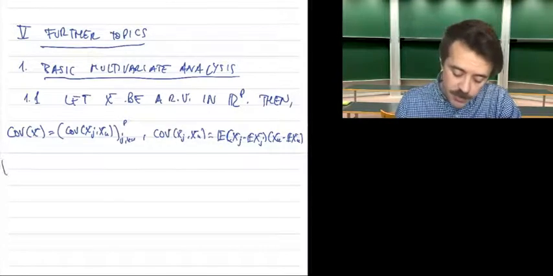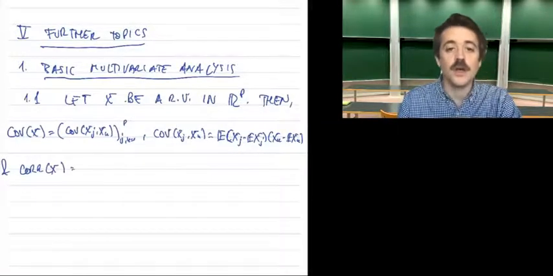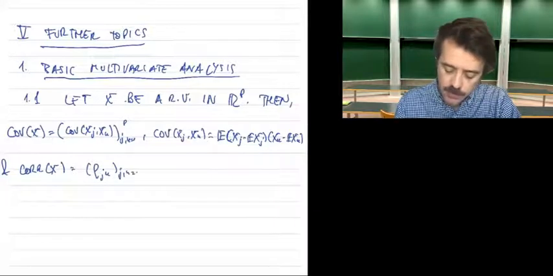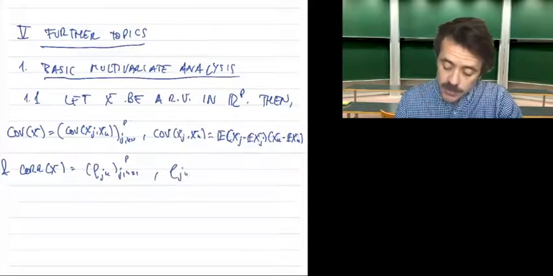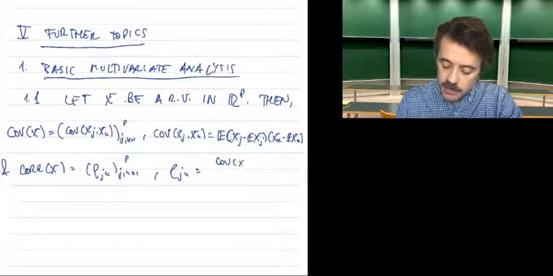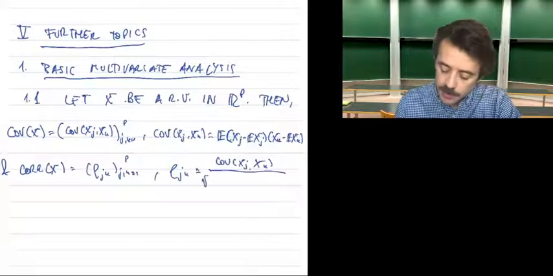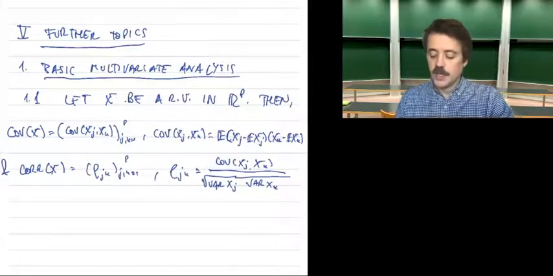What about its correlation? The correlation matrix should be familiar to everyone. We can write it as rho_jk, with j and k going from 1 to p, where rho_jk is given by the covariance between x_j and x_k, normalized by the variance of x_j and the variance of x_k.